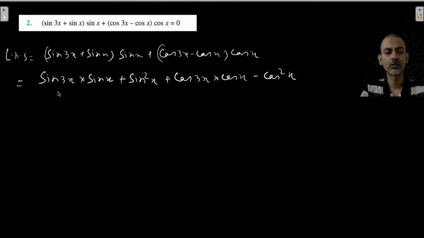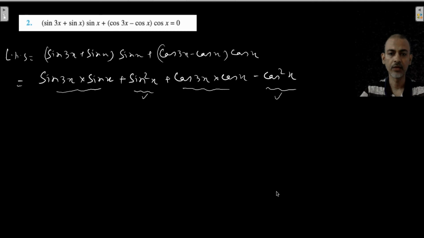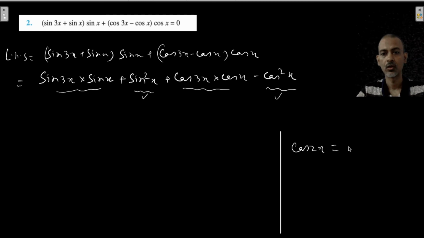So we have got an expression wherein one term is in multiplication, one term is in square, another is in multiplication, another one is in x square, and when we look at sin square x and cos square x very closely, it's looking like a formula which we know from earlier: cos 2x is nothing but cos square x minus sin square x.